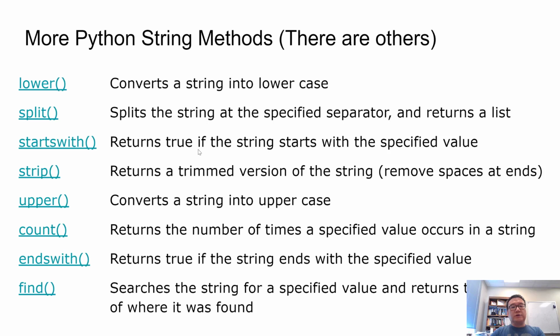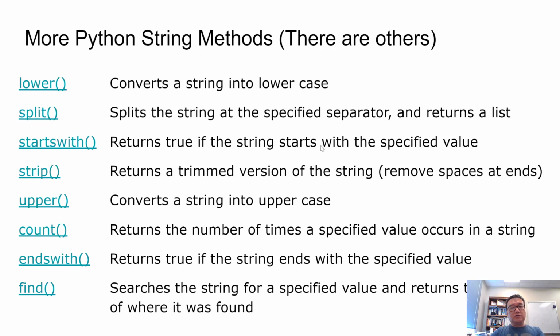startswith will return true if the string starts with a specified value, so you need to pass in some value for this function. And strip will return a trimmed version of the string, meaning that if the string has white space at the beginning or the end, we will remove all of those.